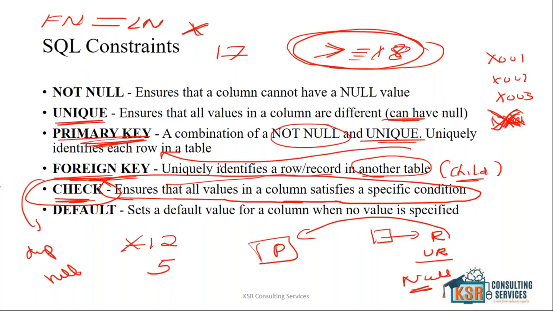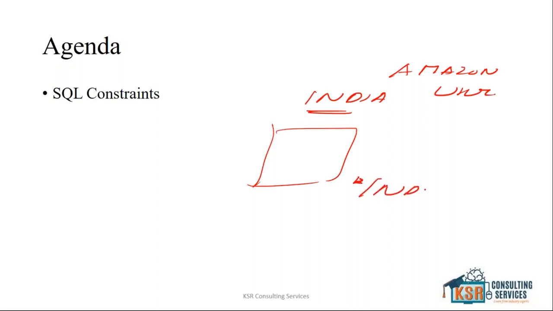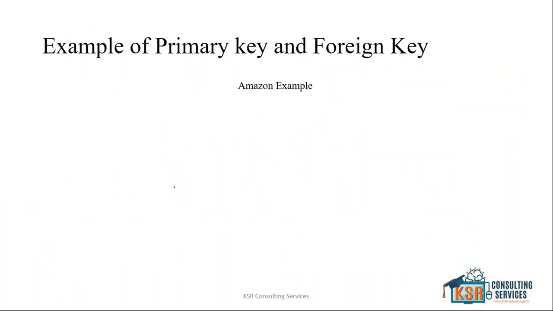Okay, and something else, if you don't enter anything. Suppose the entire data I'm maintaining is for India, Amazon users. I can't keep on giving India as the location always. No need to give. If you just give a default as India, whenever there is no value specified, suppose someone is entering null, it will go and enter India.